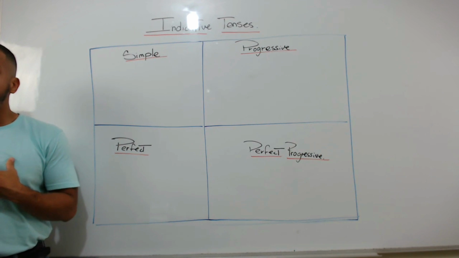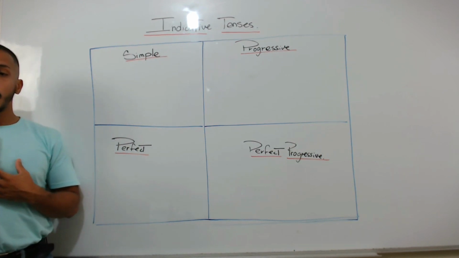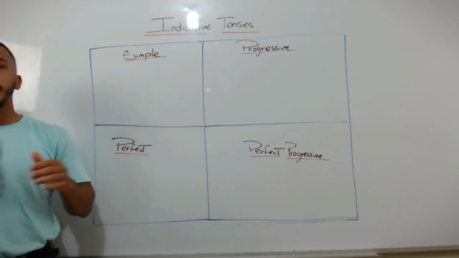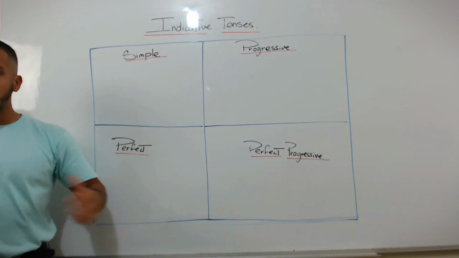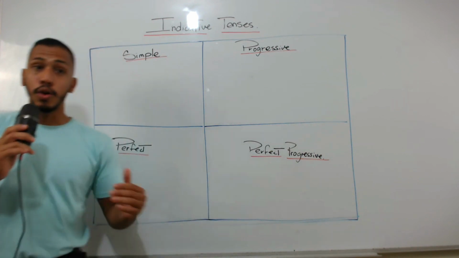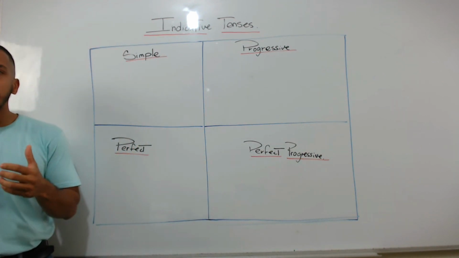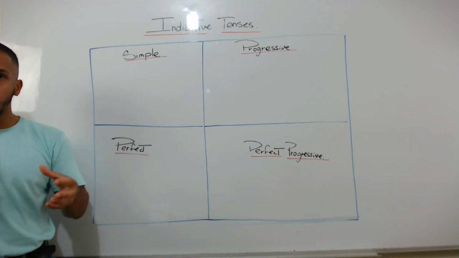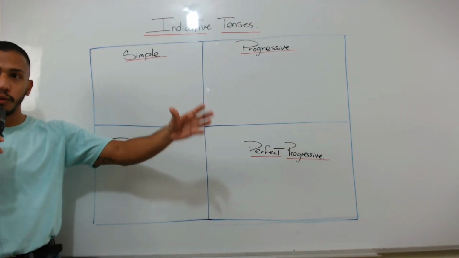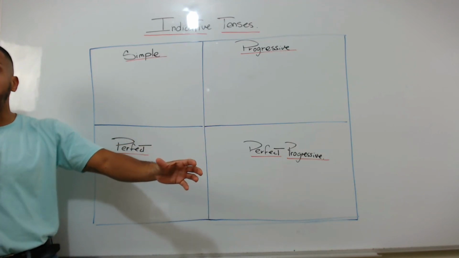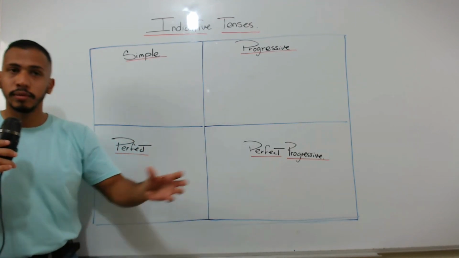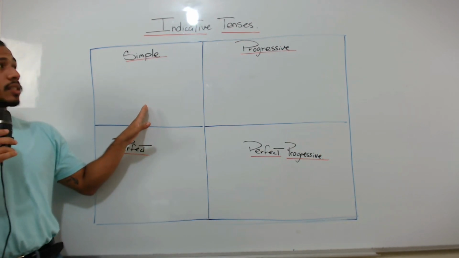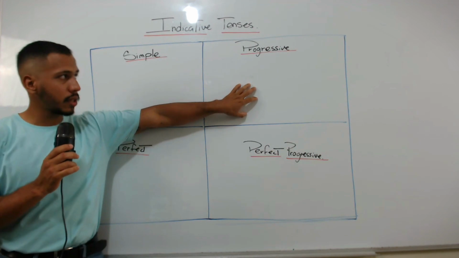In English, we say I am, you are, he is, and then we put the verb with ing. I am working. You are working. He is working. So we're using the to be form as a helping verb to change the form of the main verb. So we add ing. That is the difference between simple sentences and progressive sentences.